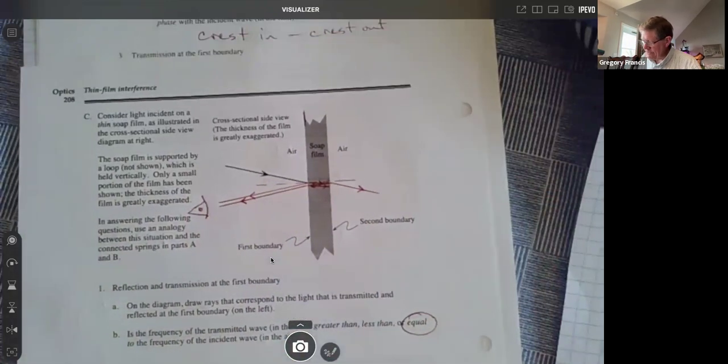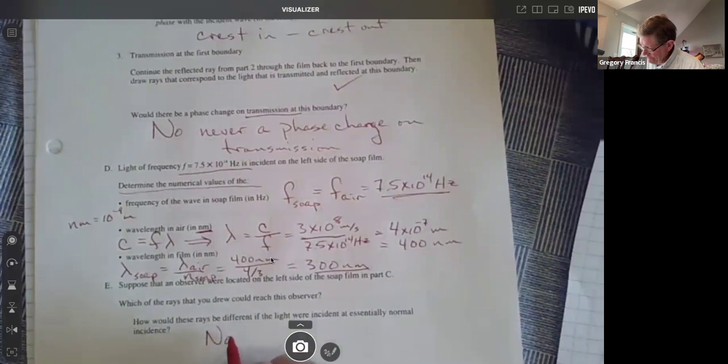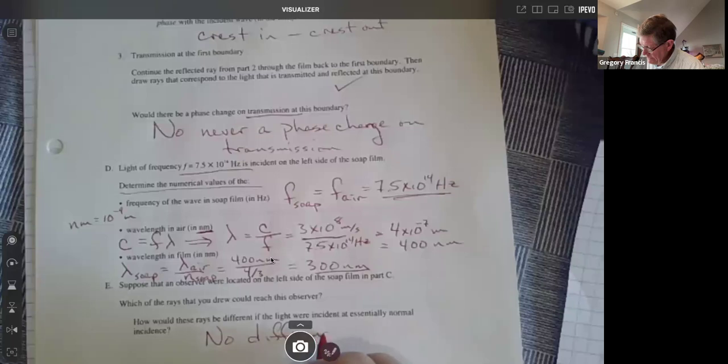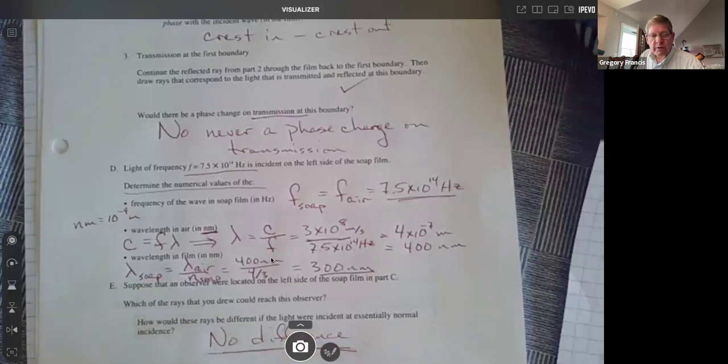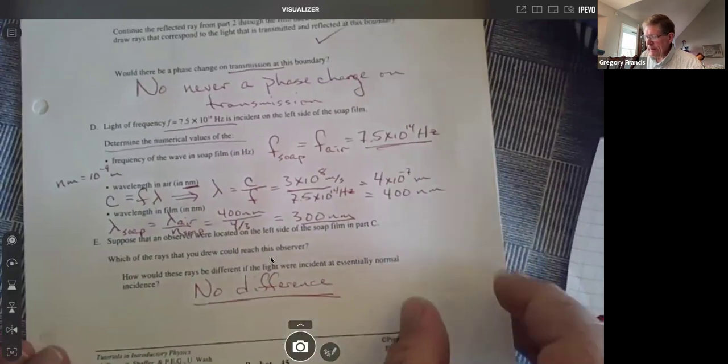So in essence, no difference. We only did it at an angle just so that we could see where all the rays were going without them being on top of each other.